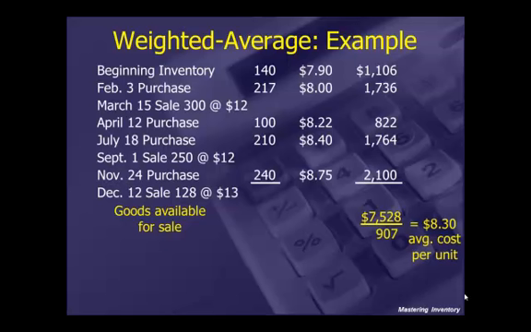That yields $8.30 average cost per unit. And if you scan through all your cost figures, the lowest cost was at the beginning, $7.90, and the highest is $8.75. You would expect the average to be somewhere between the high and low. And this is a weighted average, so the more that's purchased at one particular unit cost will cause the average cost to be closer to that.